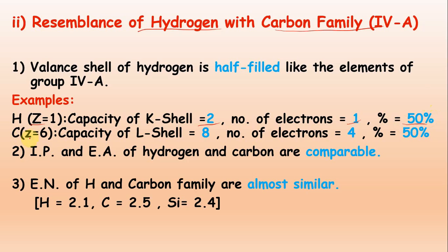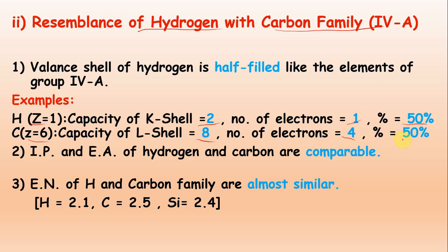Now carbon has atomic number 6, it is a member of the fourth A group family, and we can fill how many electrons in the second shell? 8. But how many electrons do we have in the second shell when we look at the electronic configuration of carbon? In the first shell 2, remaining 4. So 4 are filled in the second shell, but we have to fill 8 electrons.